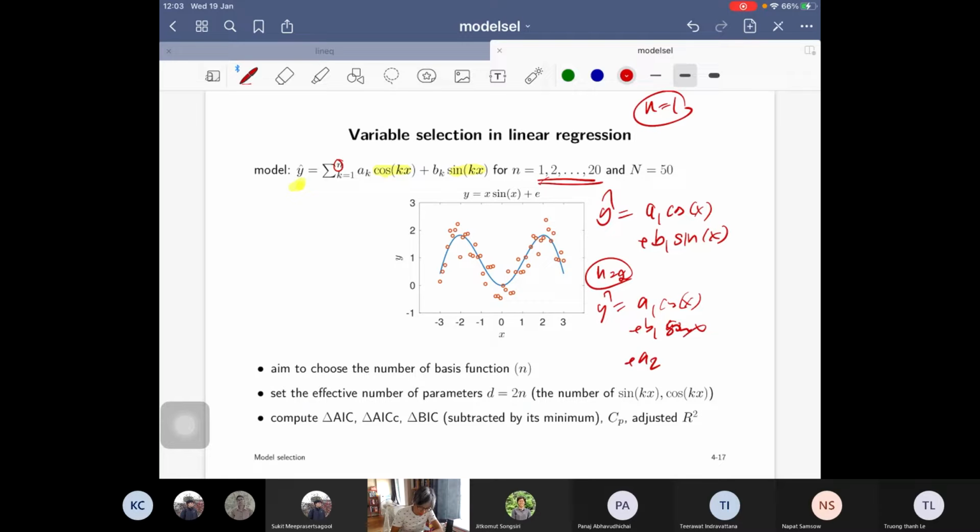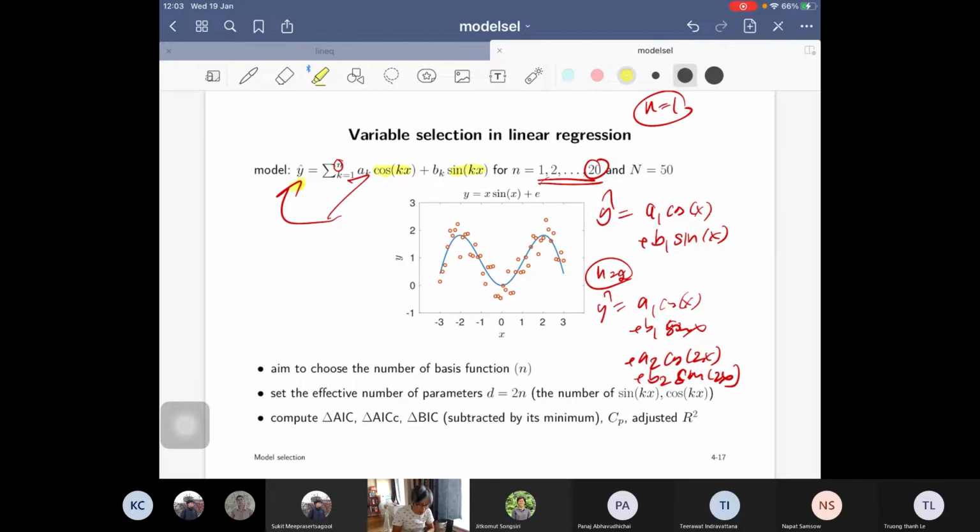I use the sine and cosine at other frequencies as well. Of course, the bigger the value of n, the more terms will be added up in y hat, which means I should explain y better, right?